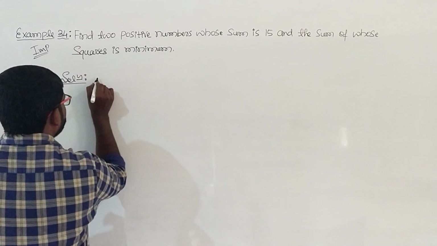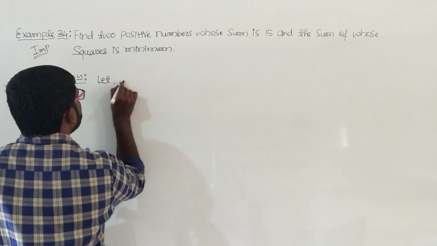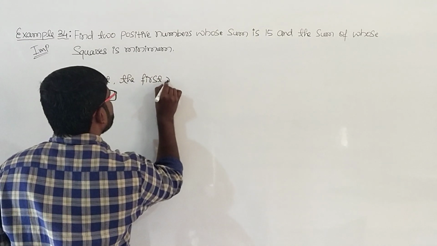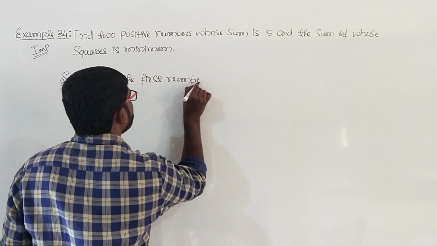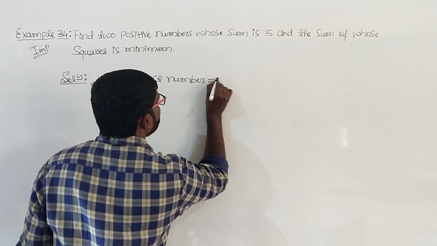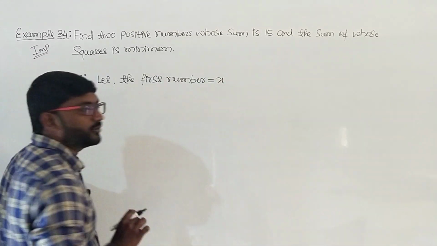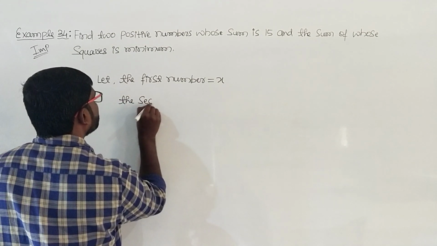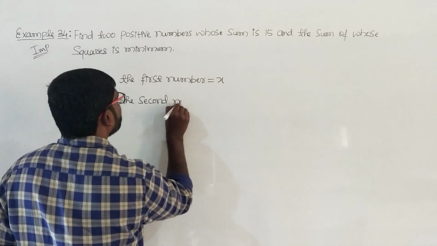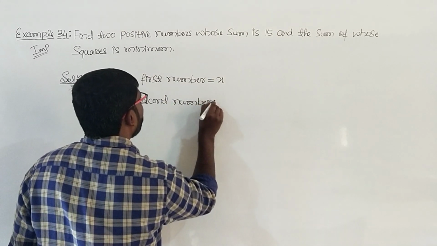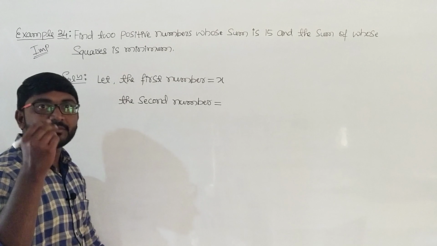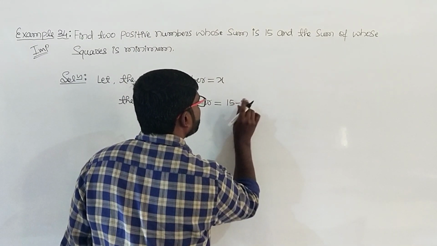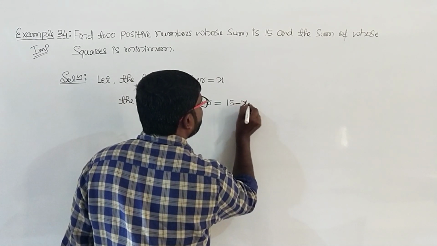So here, let the first number equal x, and the second number equal 15 minus x.